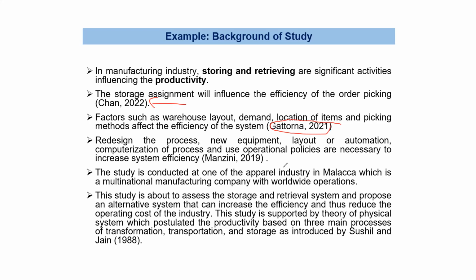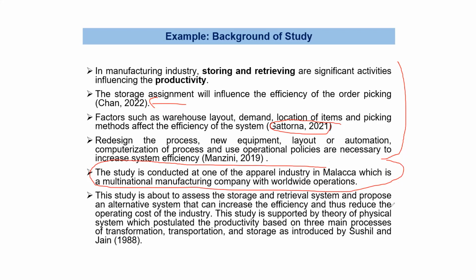The study is conducted at one of the apparel industries in Malacca, which is a multinational manufacturing company with worldwide operation. So other than introducing the study interest, you also need to introduce your study's target population. This study is about to assess the storage and retrieval system and propose an alternative system that can increase efficiency and thus reduce the operating cost of the industry.